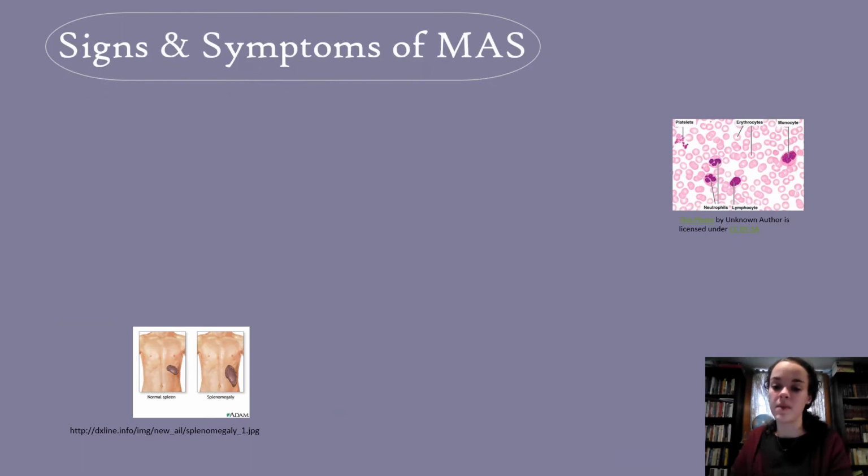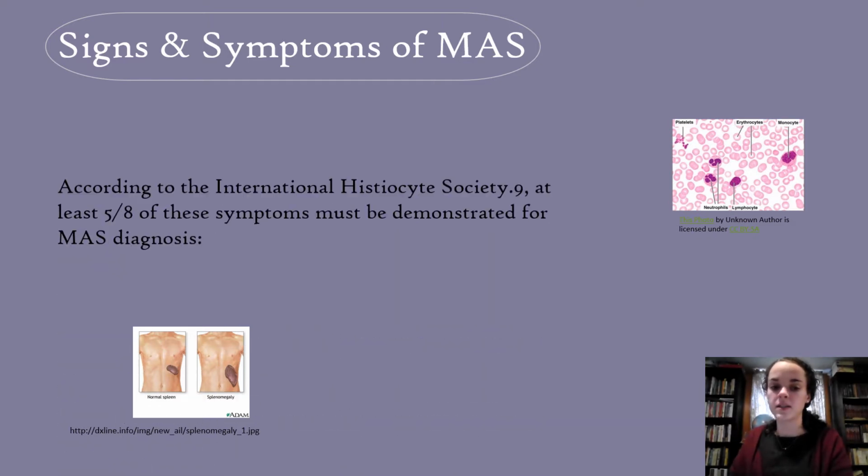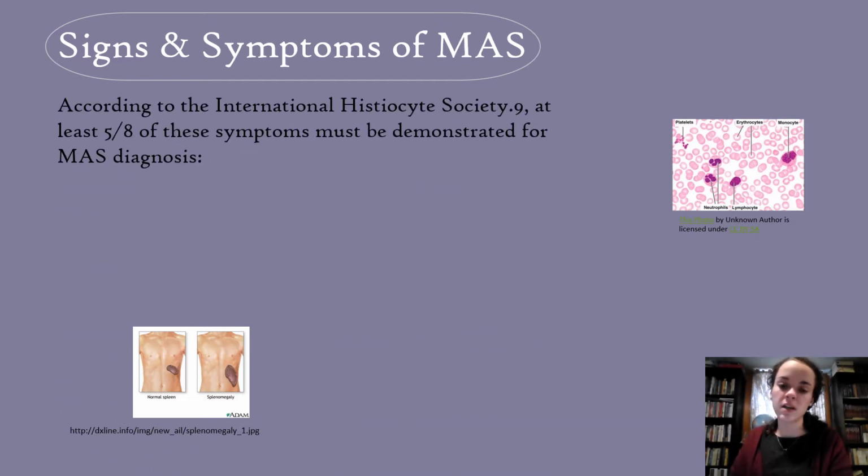Signs and symptoms of MAS are hard to diagnose because they are rather vague and can point to a lot of different things. But the International Histiocyte Society has created a criteria where at least 5 of the 8 listed symptoms have to be demonstrated to diagnose for MAS.